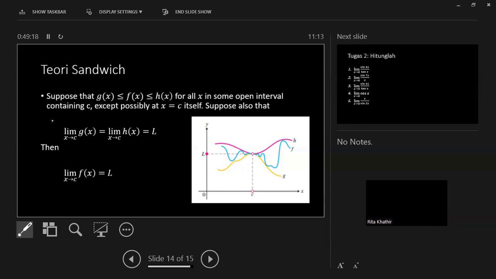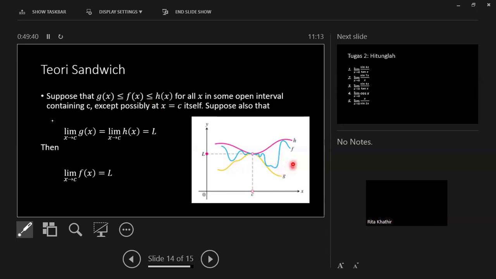Suppose also that the limit as x approaches c of g of x equals the limit as x approaches c of h of x equals L.